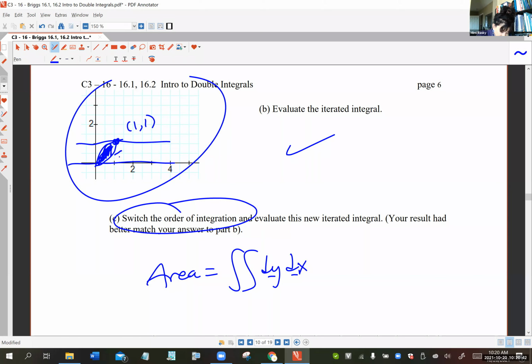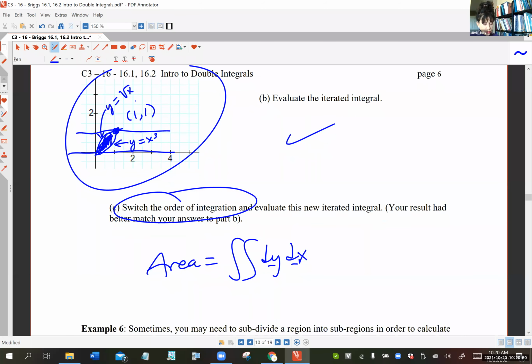Okay, so this was y equals x cubed on the bottom, and then this curve was y equals square root of x there. Okay, so let's do the outermost integral first, because it's always the easier one. Well, how come? Because the outermost integral, in this case, is with respect to x, and those limits have to be pure numbers. You're not allowed to have any variables on an outermost integral.